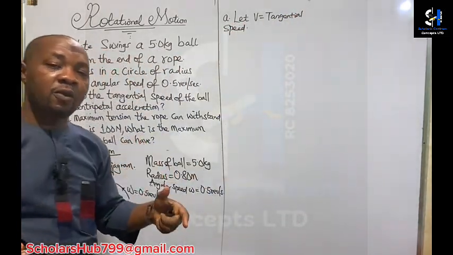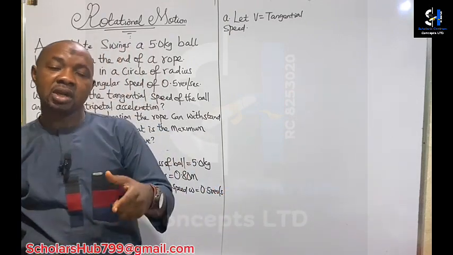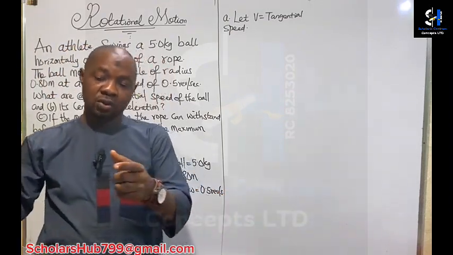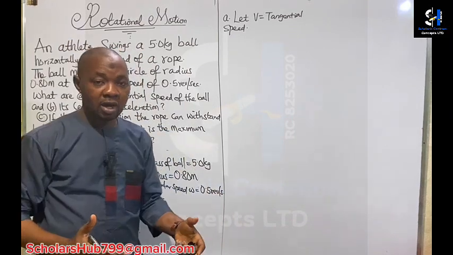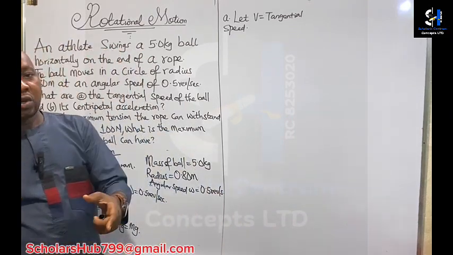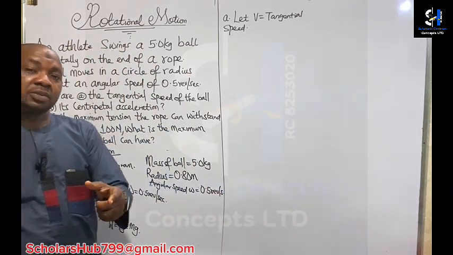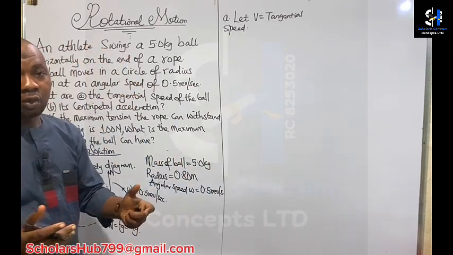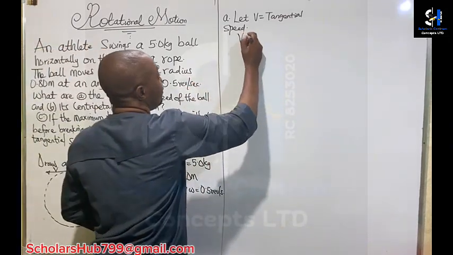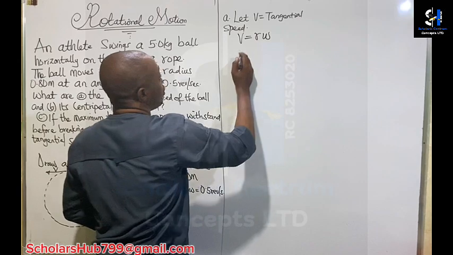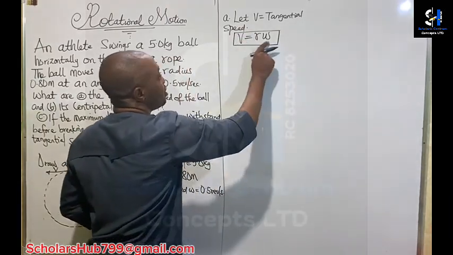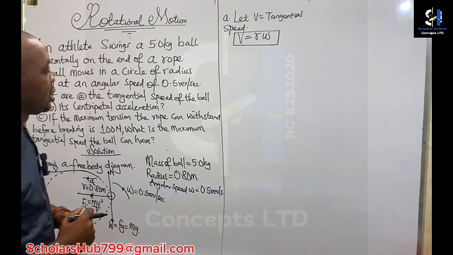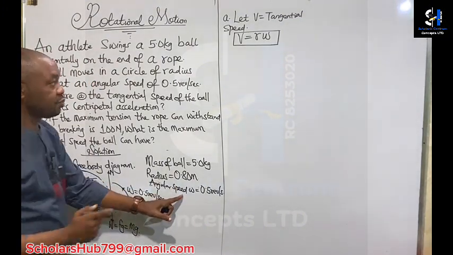Now, there's a formula connecting tangential speed or linear speed with angular velocity. Linear speed or tangential speed can be related with angular velocity by the formula V equals RW. So this is the formula relating angular speed with linear speed.